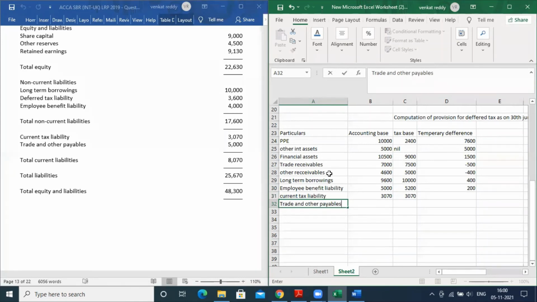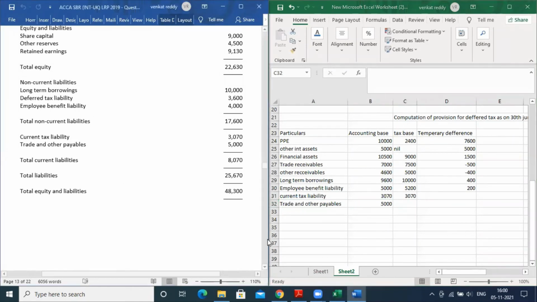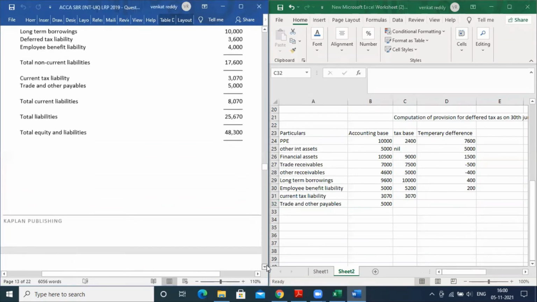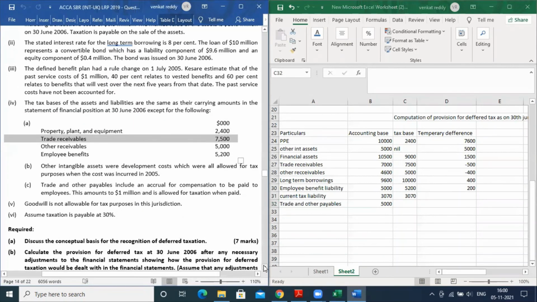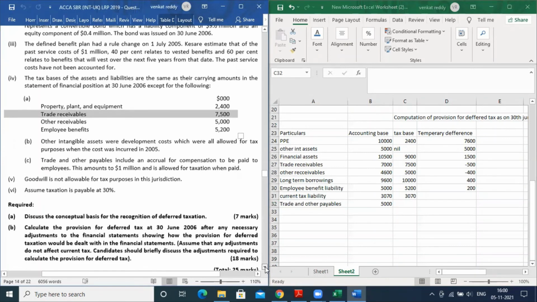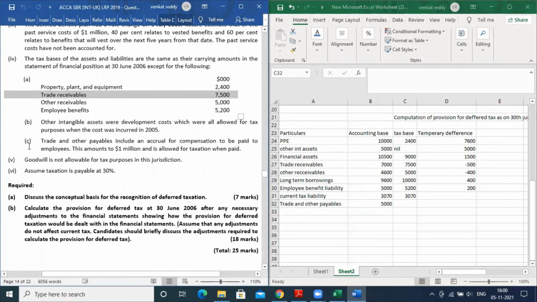Trade and other payables as per accounting base is 5,000, and as per tax base we will see the adjustment for this. Here we can see the trade and other payables include an accrual for compensation to be paid to employees, and this is 1 million and is allowed for taxation when paid.